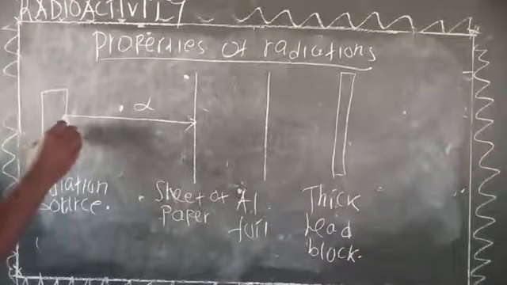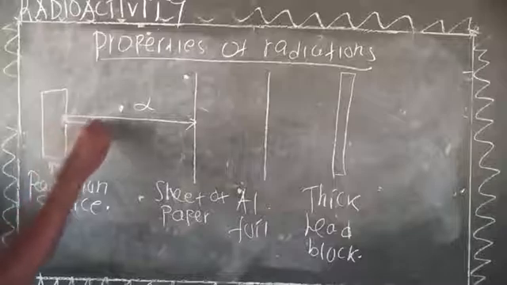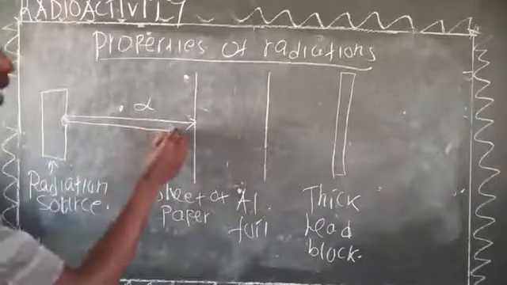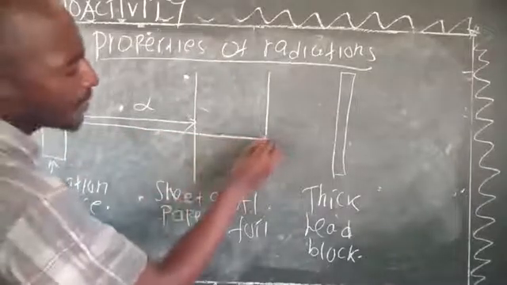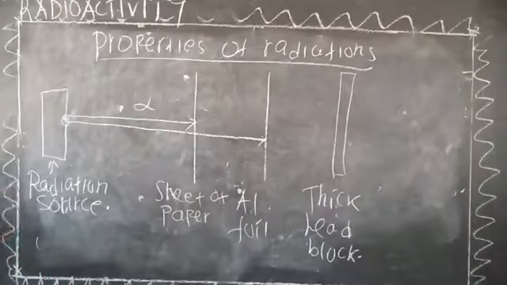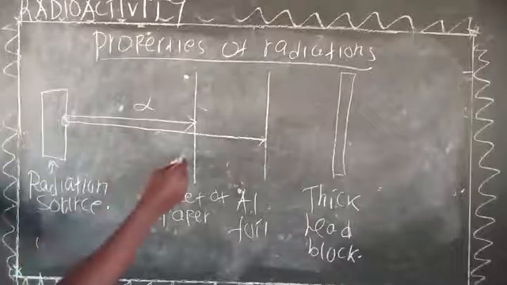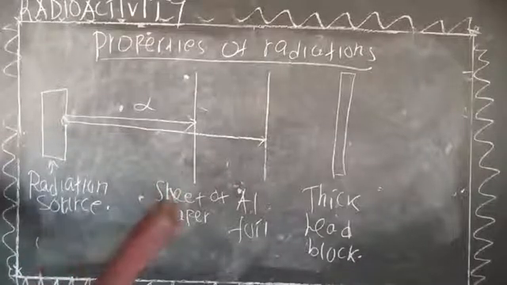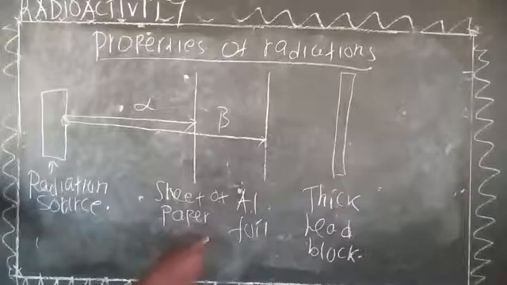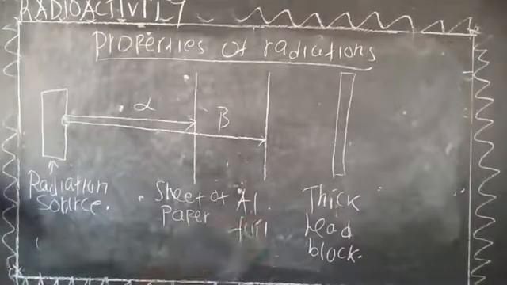When we get to the beta radiations, they have a comparatively higher penetrating power. That means that they can penetrate through a sheet of paper, but then are stopped by the aluminum foil.